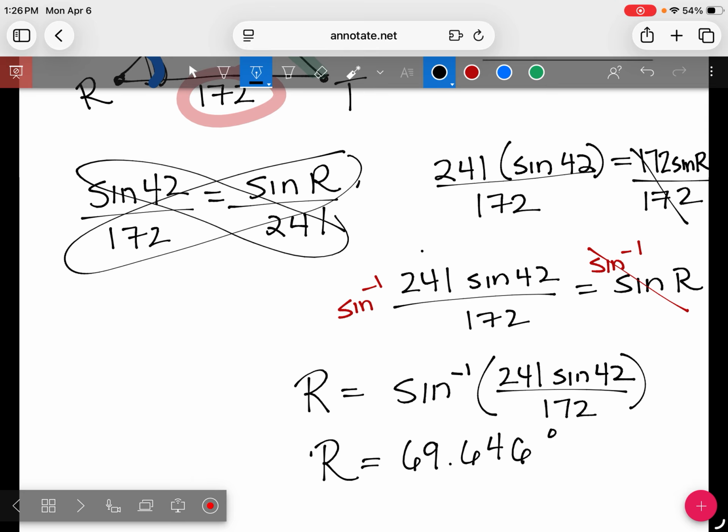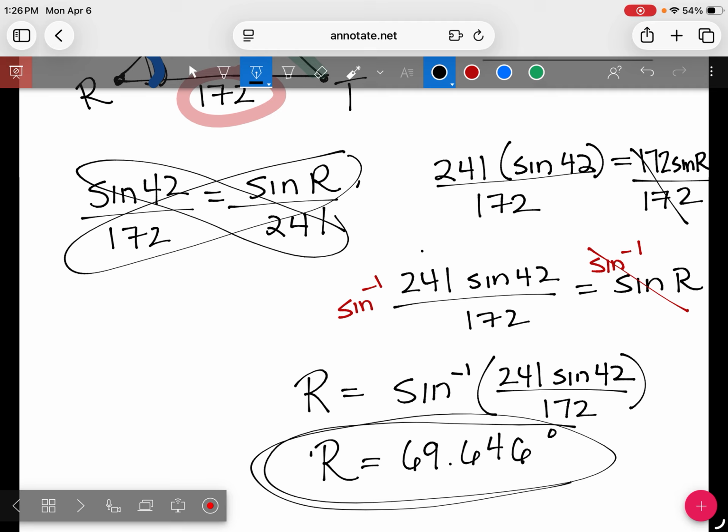So you have to hit the green button first, and then you have to hit sine in order to get an inverse.